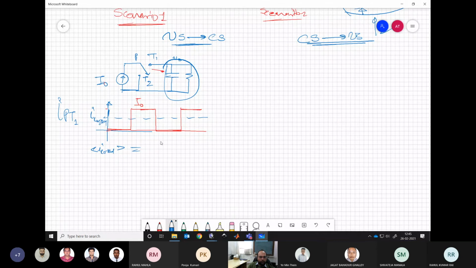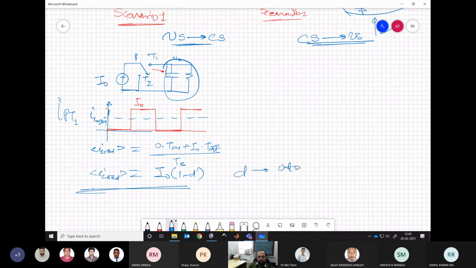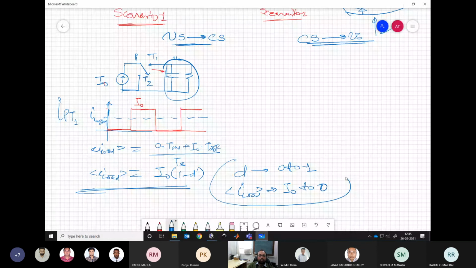So the average value of I load will be 0 into T on plus I naught into T off by Ts. This will turn out to be I naught into 1 minus D. Which means if our D is varying from 0 to 1, our I load average value will vary from I naught to 0. So this is what we are doing in this structure.